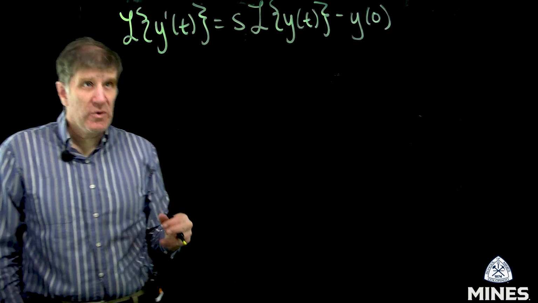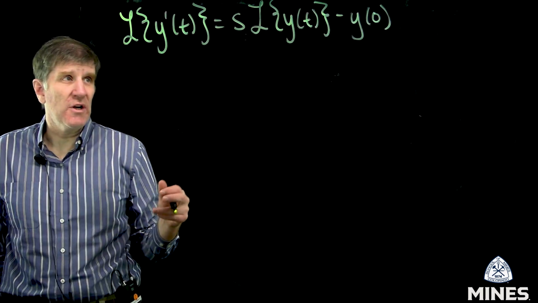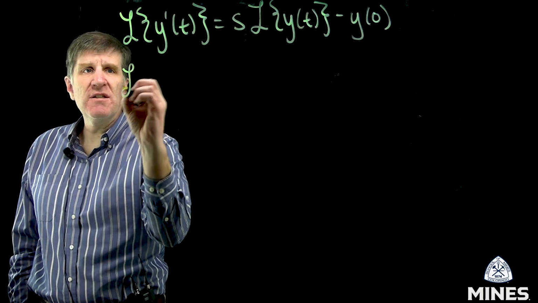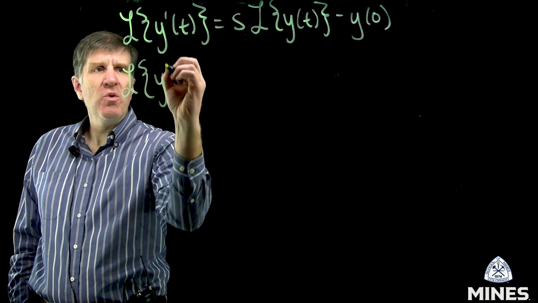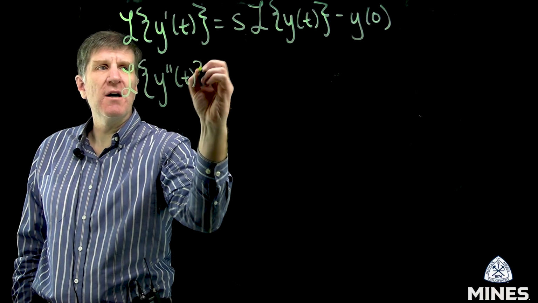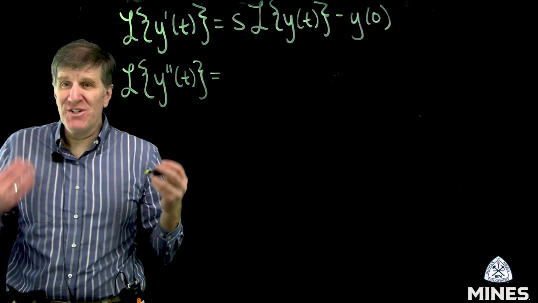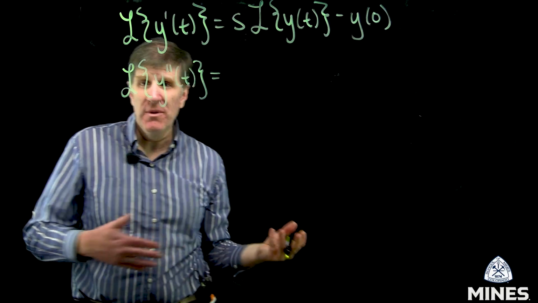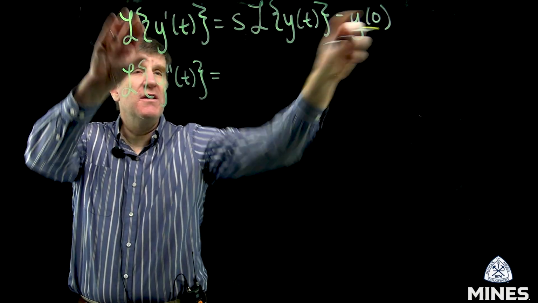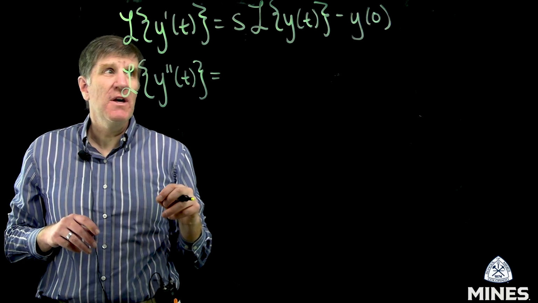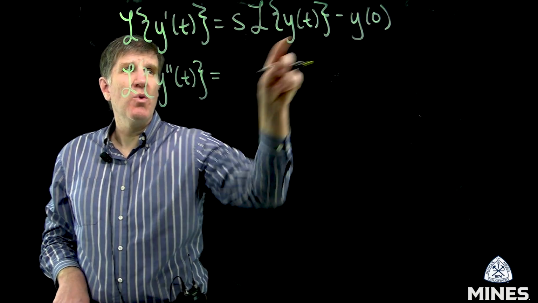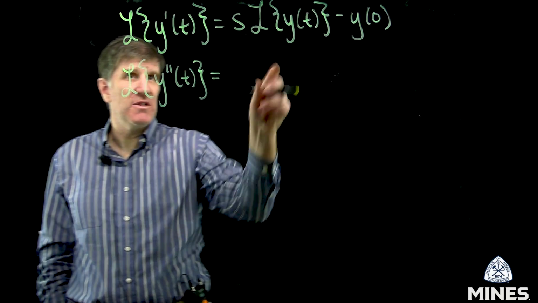So again, here's our result that we just showed using integration by parts. I would like to use this to figure out what is the Laplace transform of y double prime. So y double prime is just the derivative of y prime. So I'm going to use this formula that we just derived, but I'm going to use it with y prime and y double prime instead of y and y prime.